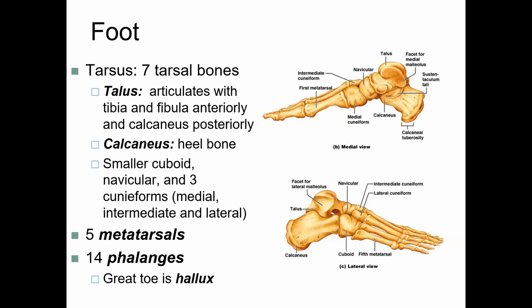I'm assuming y'all will mix those up, right? So as it says here, the talus, which is a very big bone, is going to articulate with the tibia and the fibula anteriorly, as well as with the calcaneal bone posteriorly, right? So these are the 2 major bones that are going to be associated with the ankle joint. Major because, of course, they're the biggest ones, right?